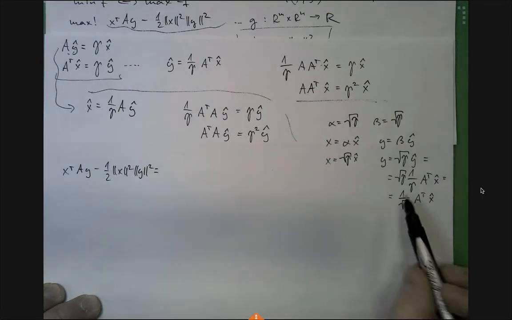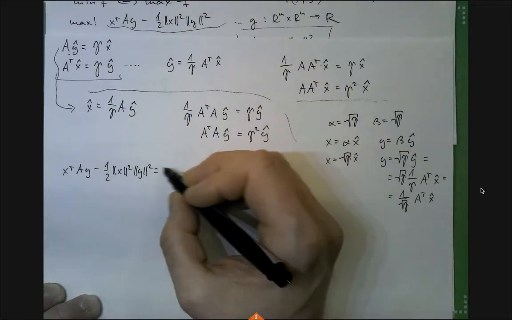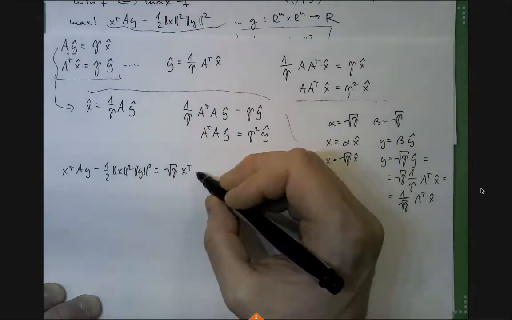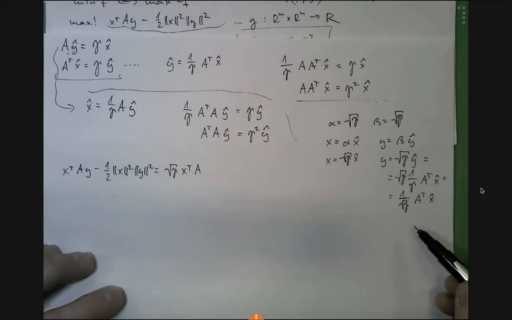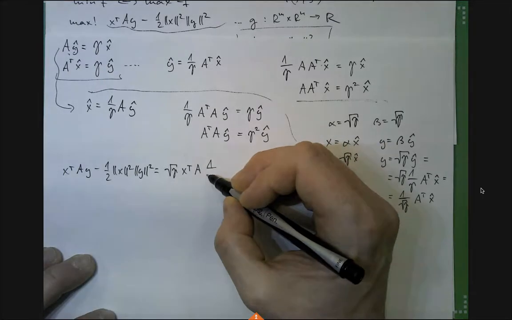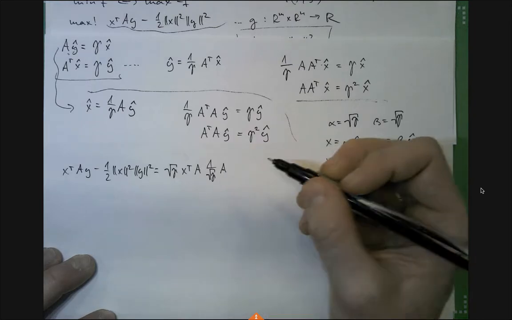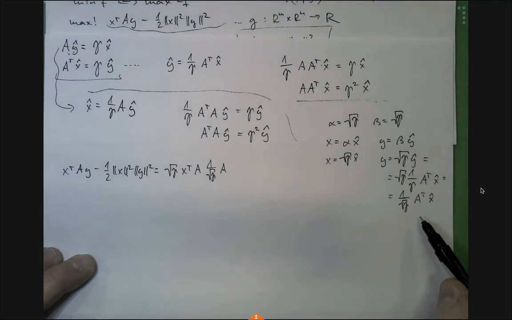So how much is it if I substitute this? This is going to be square root of gamma x transpose A, and the corresponding y is 1 over square root of gamma A. Wait a second, something is wrong.